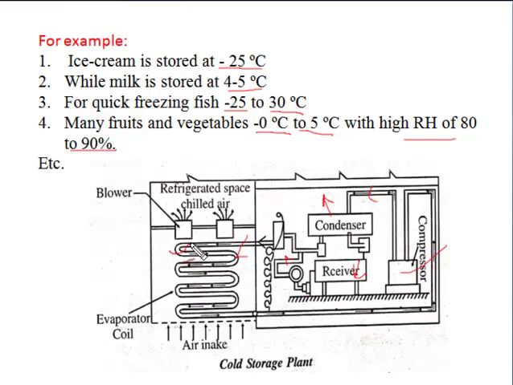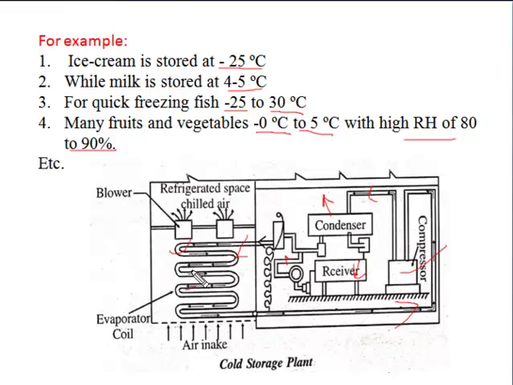Here this is the evaporator, that is a cooling coil. Air passes through the cooling coil, and the refrigerant flowing inside the evaporator coil absorbs heat from the air, and the air is cooled. The refrigerant evaporates by absorbing the heat, and the vapor refrigerant is again sent to the compressor. It means the cycle is completed.